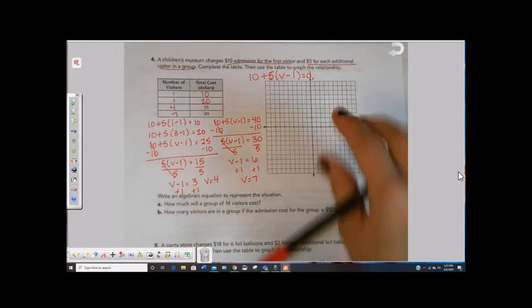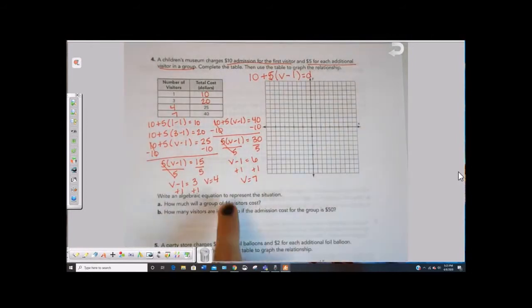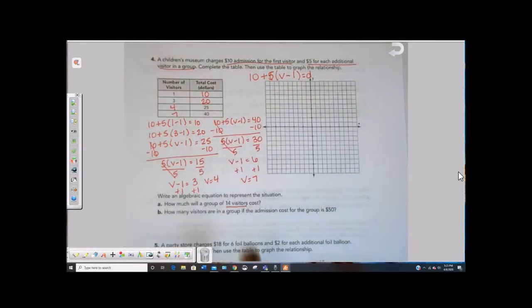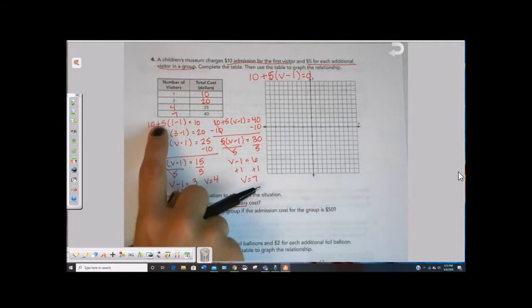Now I'm going to have you graph on your own. Okay? So graphing on your own, and I also want you to do A and B on your own. So A says, how much will a group of 14 visitors cost? So you have the visitors, you're trying to find the cost. So you would use one of the first 2 examples.